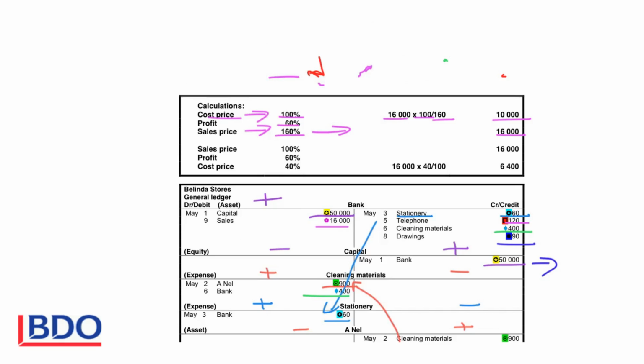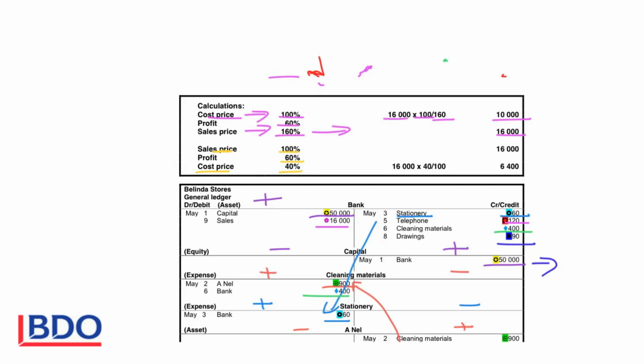The profit is on sales price. If the profit is on cost price, then cost price is 100. If profit is on sales price, then sales price will equal 100. The profit is 60%, so the cost price must be less than the sales price. So I must deduct the 60 from the 100 to determine that the cost price is 40%.